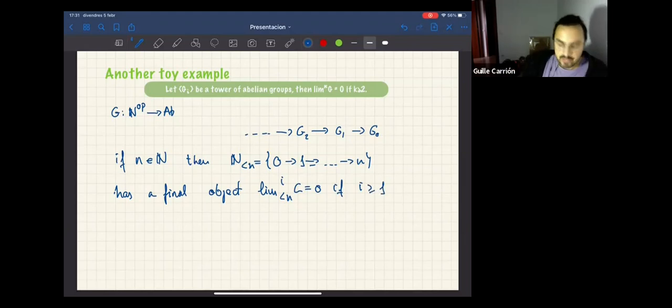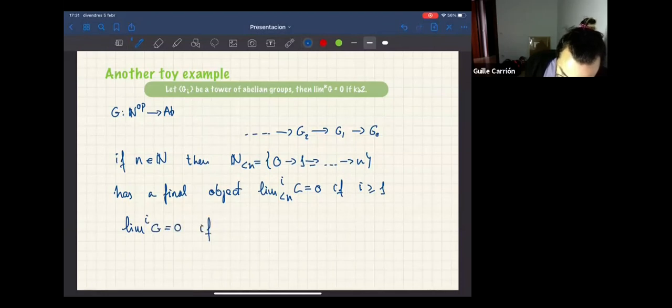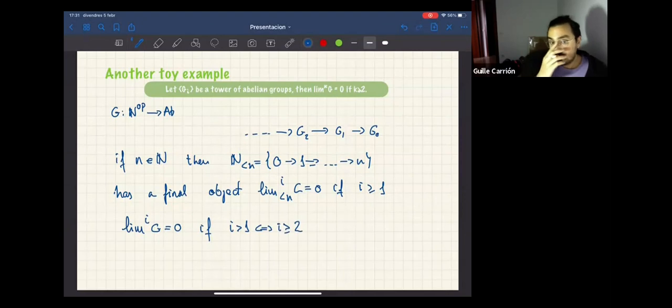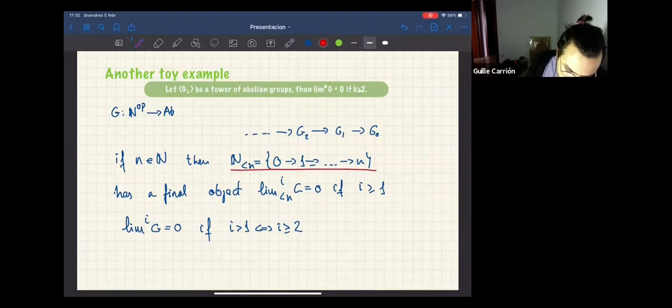Applying our theorem, we know that this limit of G is 0 if i is greater than 1, or equivalently, greater or equal to 2. And to prove this, we only used that this has a final object.